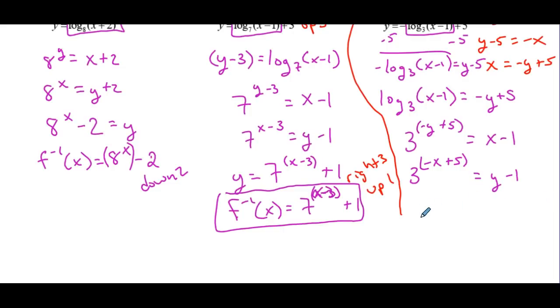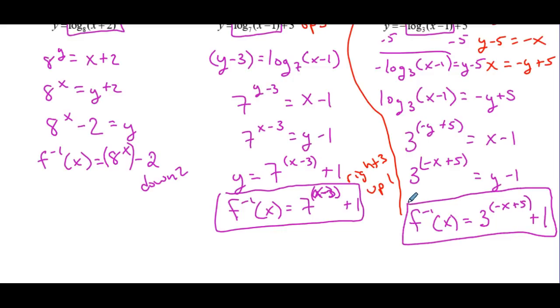And then add 1, so I end up with the inverse is equal to 3 to the negative x plus 5, plus 1. And that is how to find an inverse of a log function.